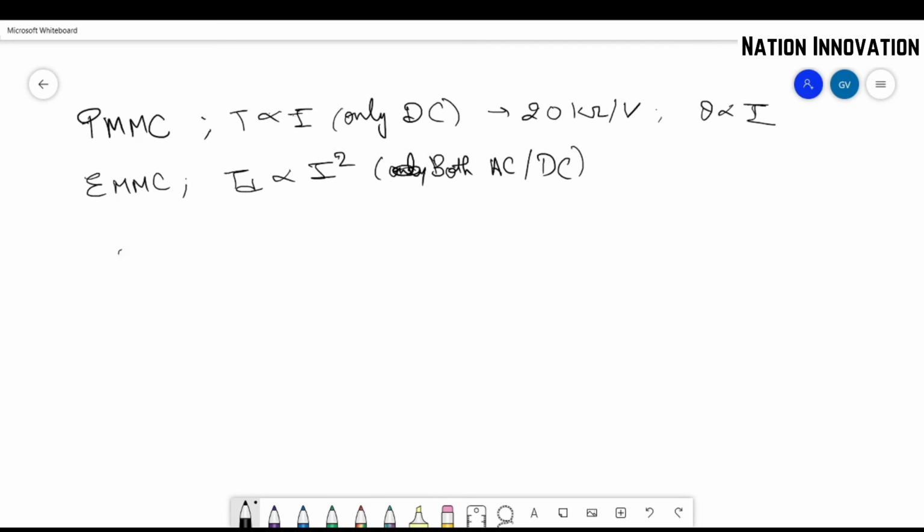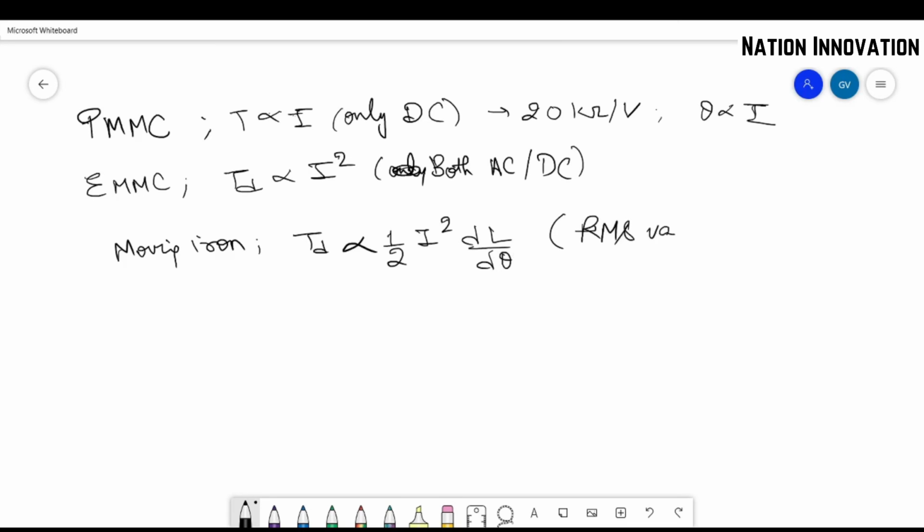And then we have moving iron type where the deflection torque is again proportional to I square d/dt and it is used to calculate RMS value. Right?